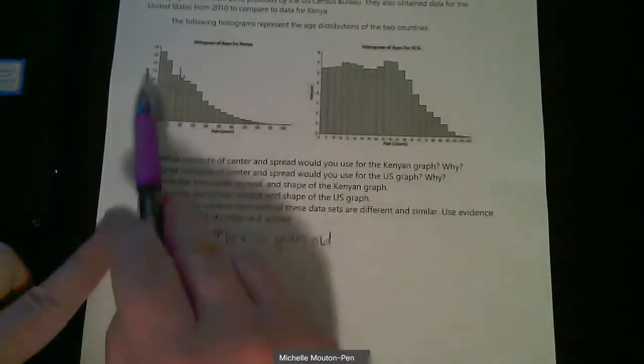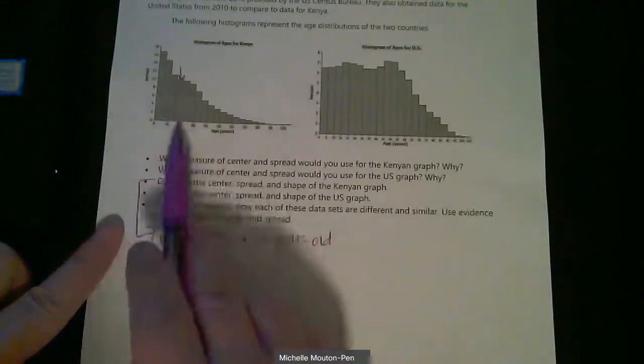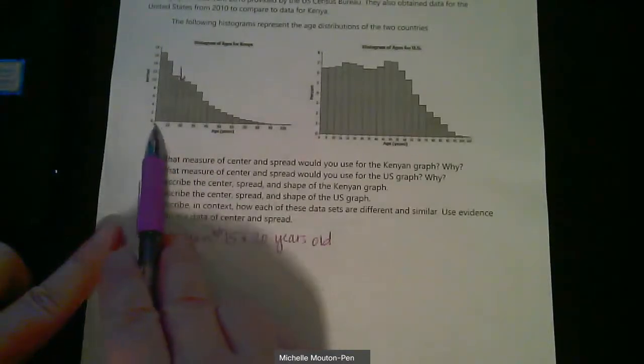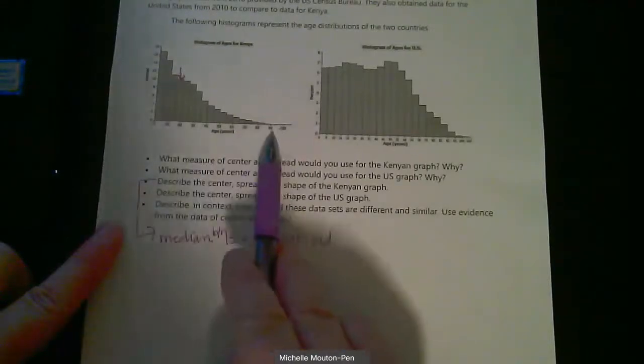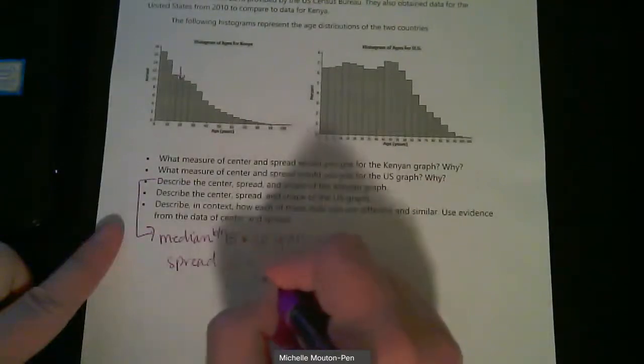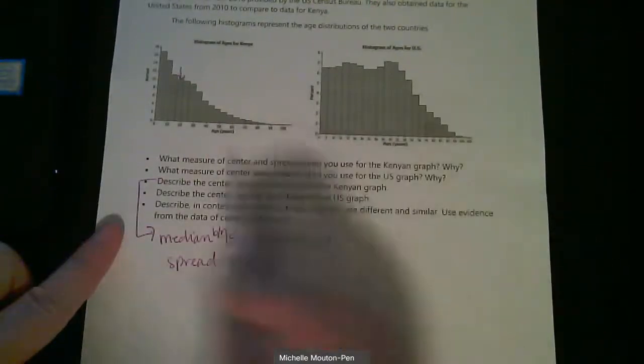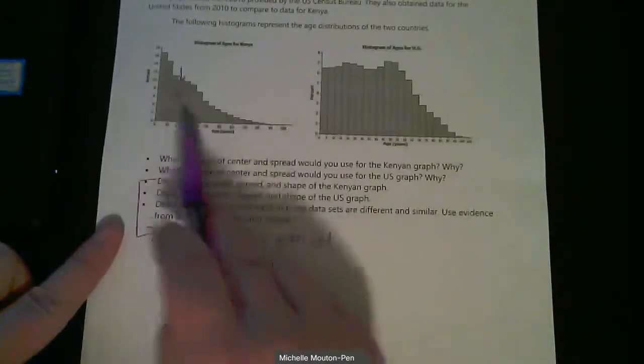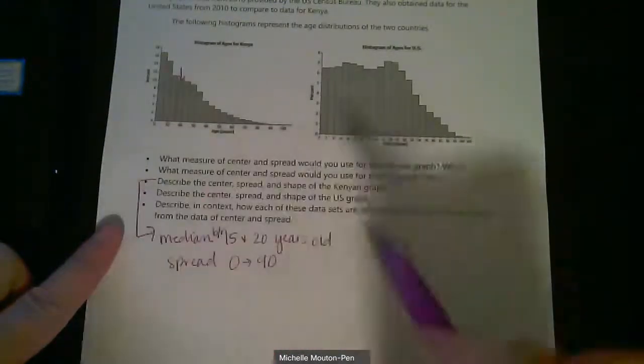Then when we look at our spread, our spread goes from 0 to about 90. And the shape of the Kenyan graph is very much skewed to the right.